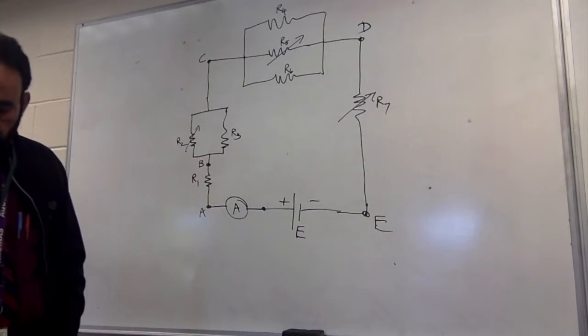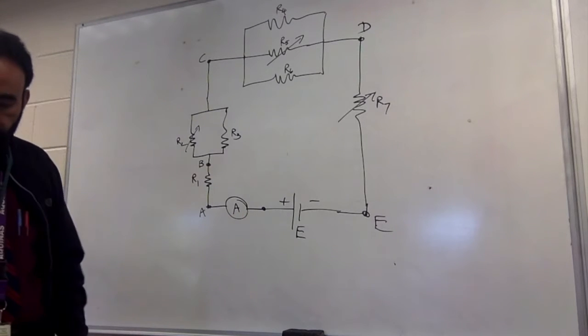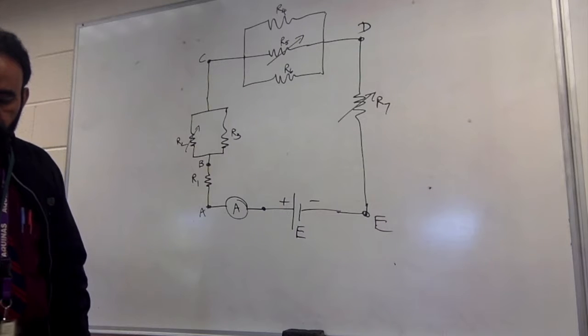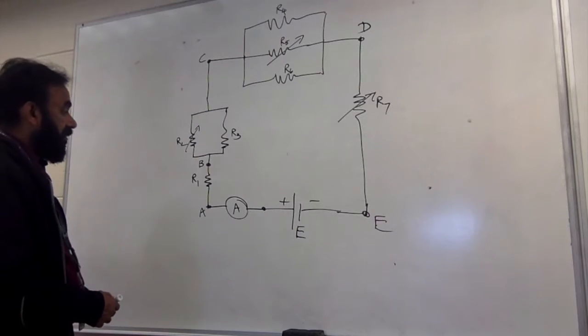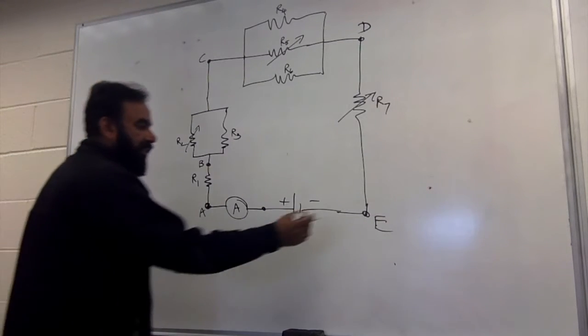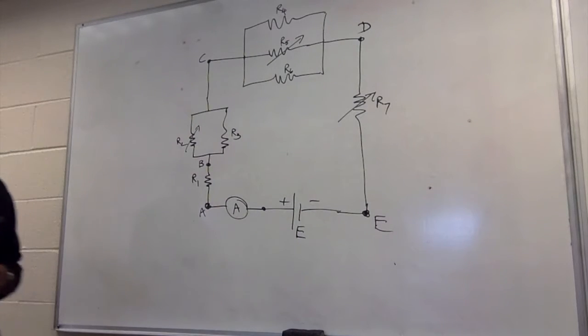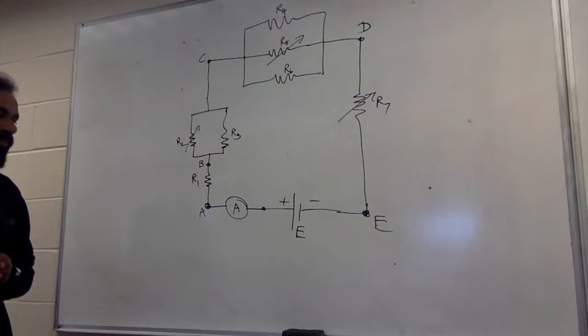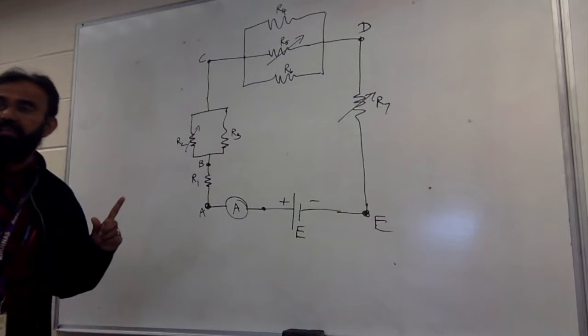The question says, if R7 increases, what will happen to the potential difference between A and E? Where is A? A is here, and E is right there. If R7 increases, what will happen to the potential difference between A and E?